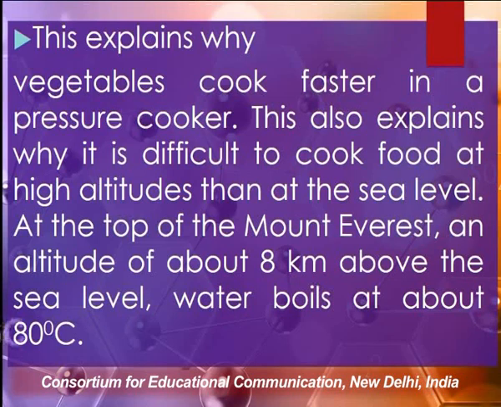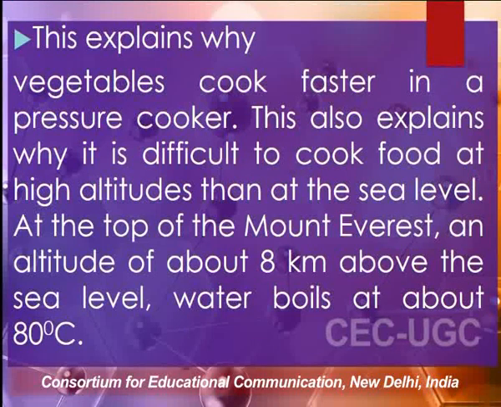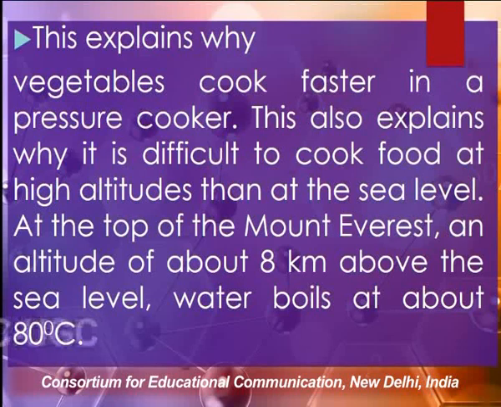How? This explains why vegetables cook faster in a pressure cooker, because what is happening in a pressure cooker? The pressure is increasing. Because of the increase in pressure, the boiling point increases. When I say the boiling point is increasing, it means that more heat will be provided to the vegetable in the cooker, and therefore they get cooked faster.